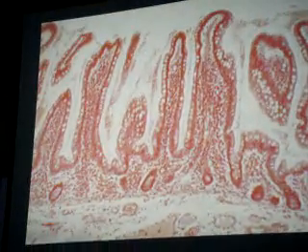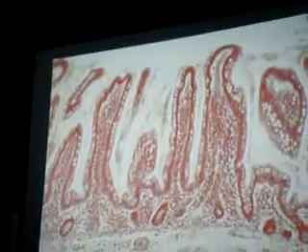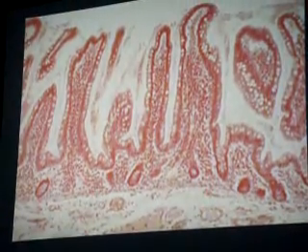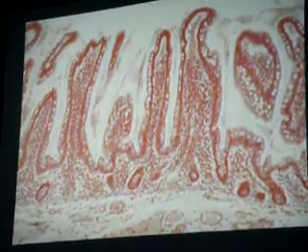Be specific. Simple squamous epithelium. Identify pointed structure. Be specific. Endothelium.